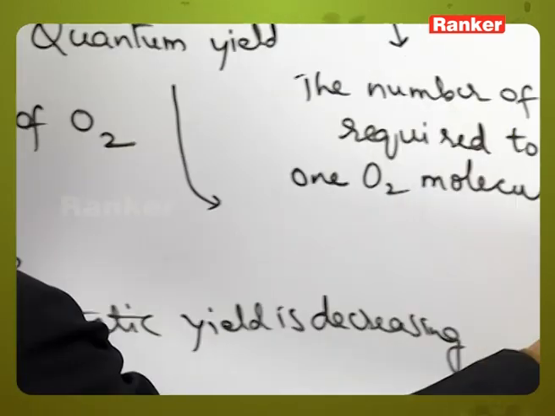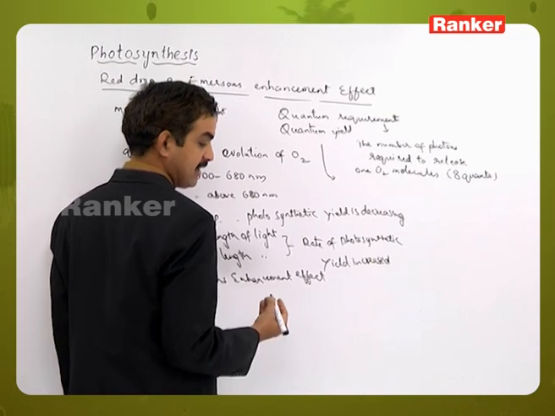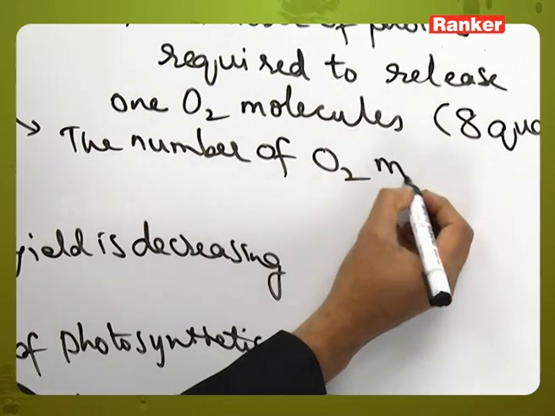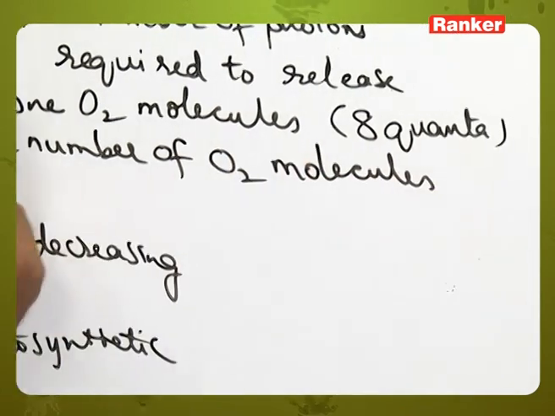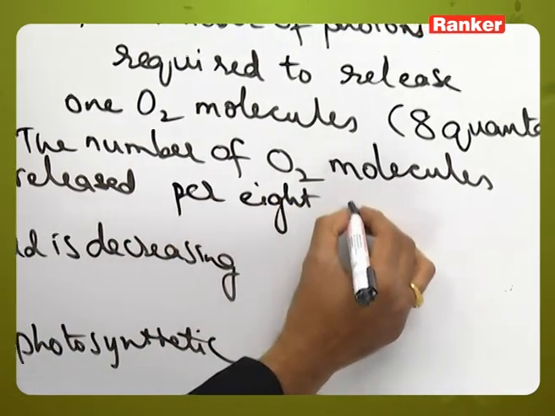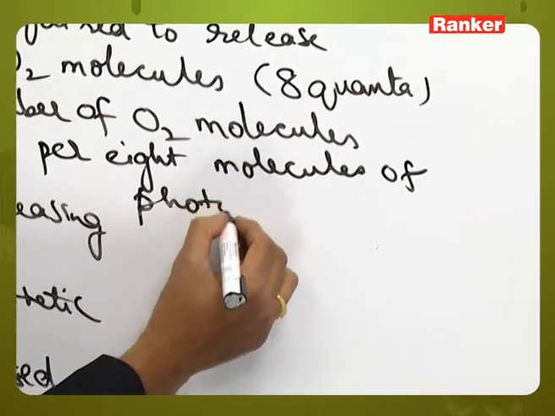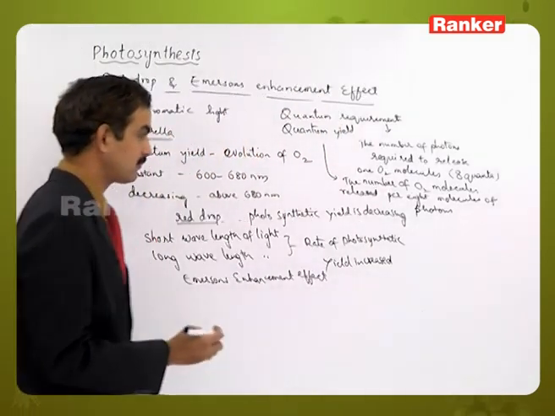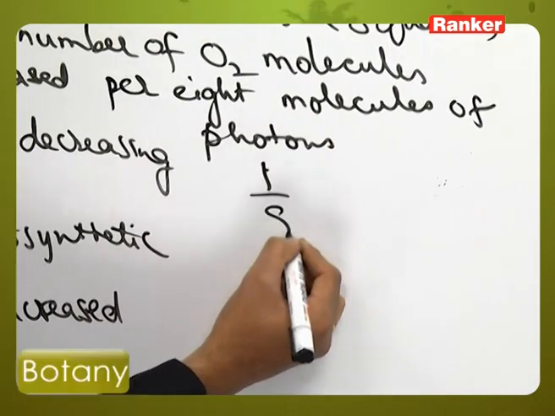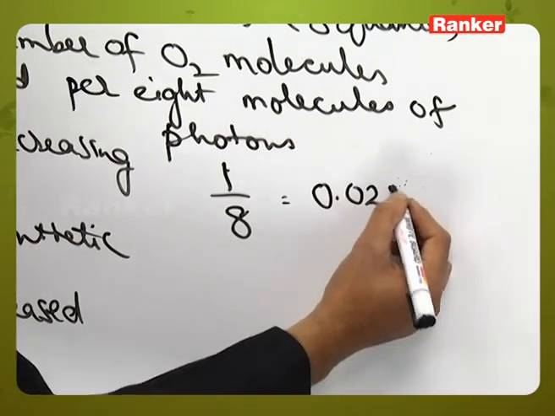So here, how much quanta is required for this is 8 quanta. So that is the number of oxygen molecules released per 8 molecules of photons, or here it shows that 1 oxygen molecule is released by 8 photons, so it will be 0.025.